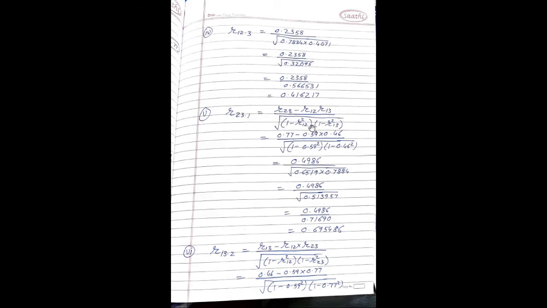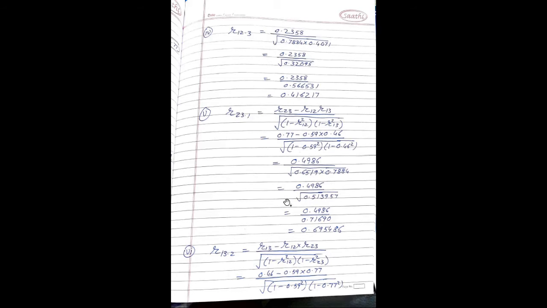Now small r 23.1, the formula is r23 minus r12 into r13 divided by square root of 1 minus r square 12 into 1 minus r square 13, which is equal to 0.77 minus 0.59 into 0.46 divided by square root of 1 minus 0.59 square into 1 minus 0.46 square. So which is equal to 0.4986 divided by square root of 0.6519 into 0.7884.